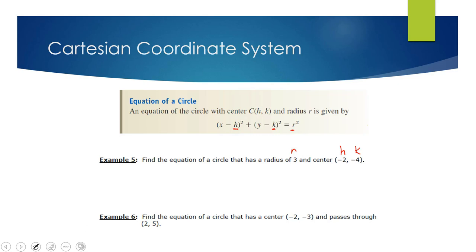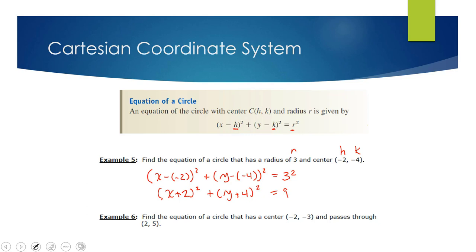So when I start writing the equation of the circle, I'm going to have x minus negative 2 squared plus y minus negative 4 squared equaling r, which is 3 squared. Inside the parentheses, I'm subtracting negatives, so I end up with x plus 2 squared plus y plus 4 squared equaling 9. And that's the equation of the circle that's being described there.